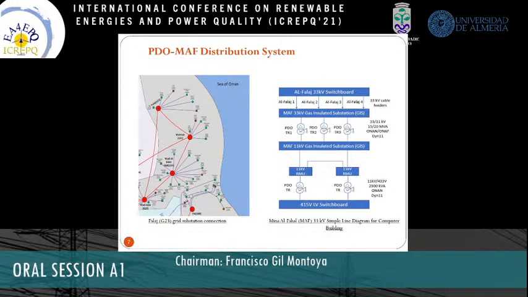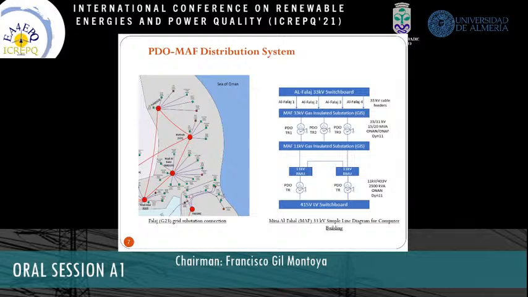Muscat Electricity Distribution Company, MEDC, delivers electricity to all residential, industrial, commercial, agriculture, and government areas in Muscat as per the license granted by the Authority for Public Service Regulation, APSR.